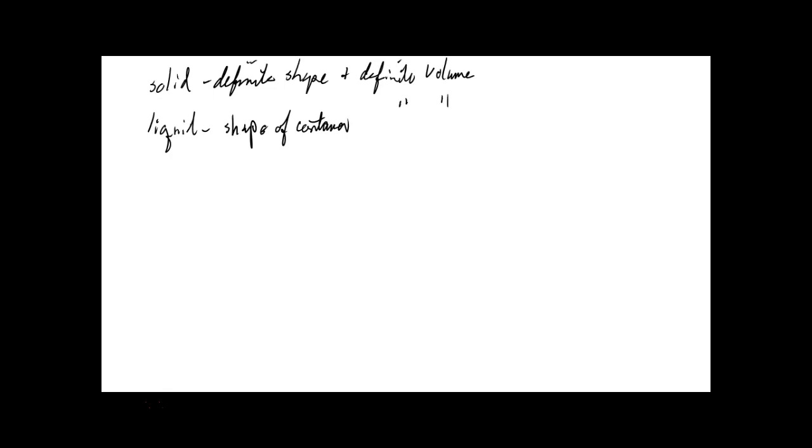And when you add energy, remember I said those molecules in the solid can vibrate? You add energy, they vibrate faster and harder, and finally they break the bonds that are holding themselves together, and then they melt. Now those molecules or atoms flow past each other. They don't have a definite shape, but they do have about the same volume because they still stay close to each other. So it has a definite volume.